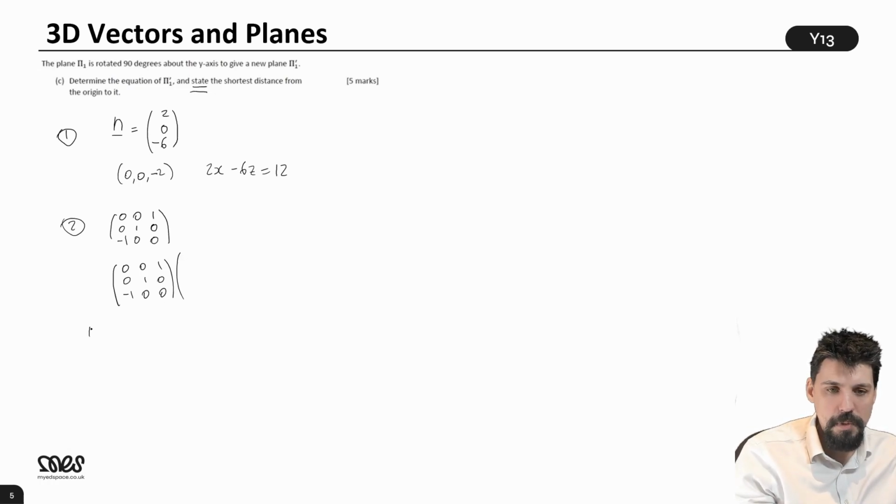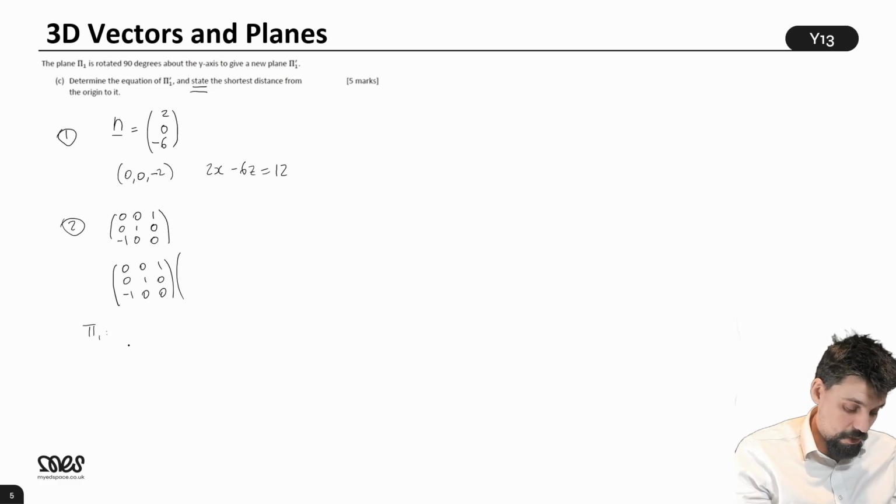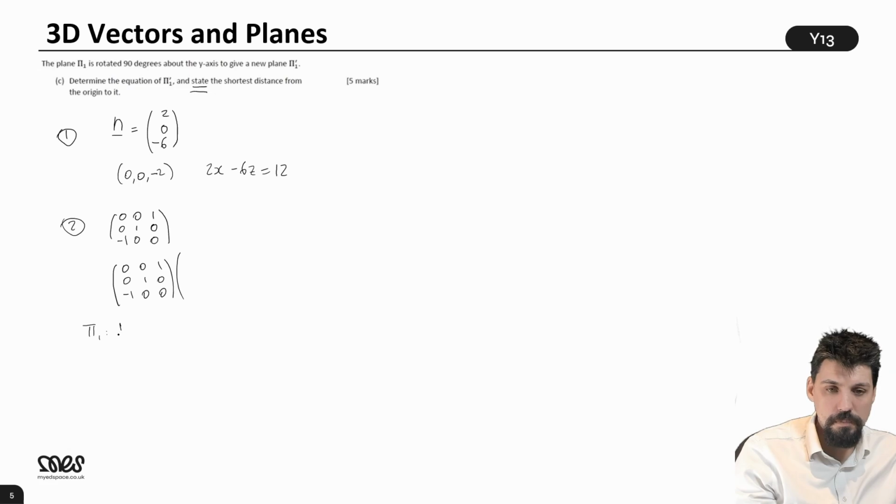on the plane even. Now remember, pi 1 was, and actually we're going to go back to the vector equation of this. It was the point 1, 2, 3, was it not?